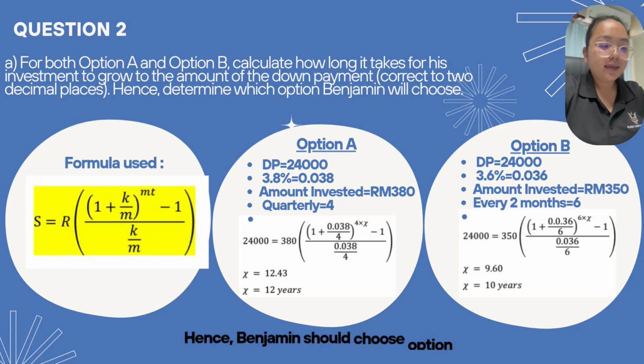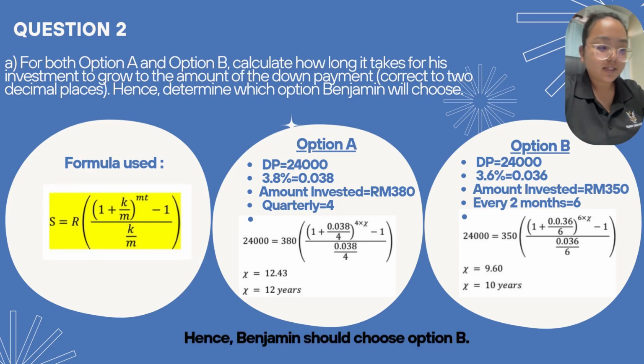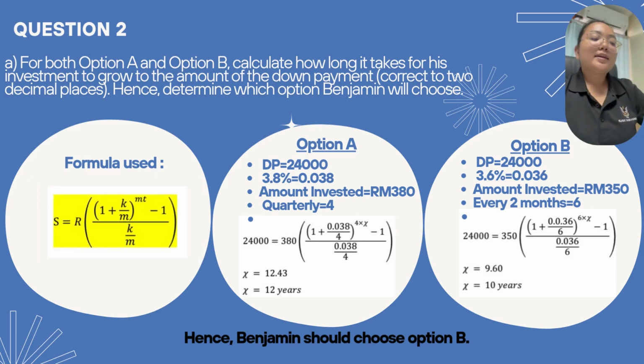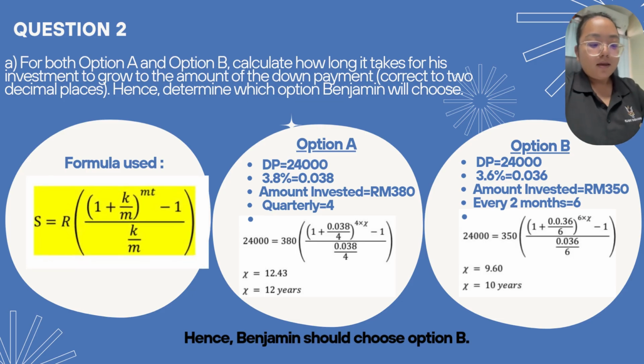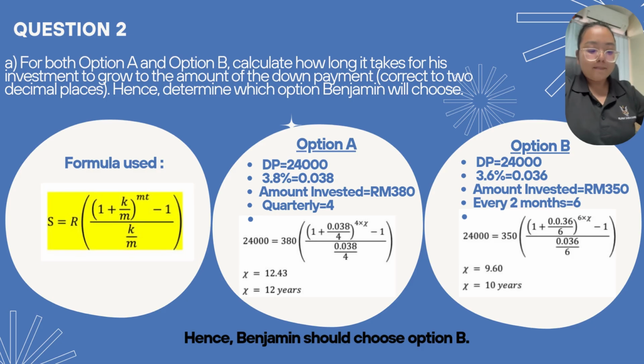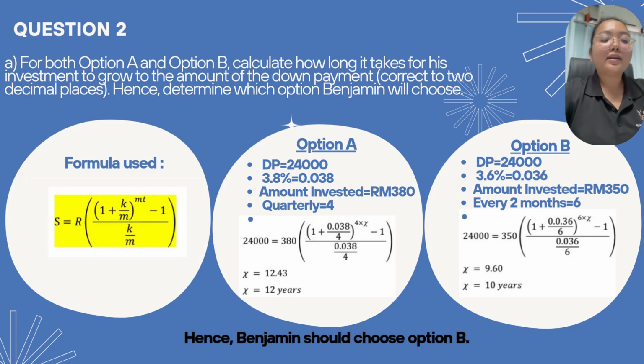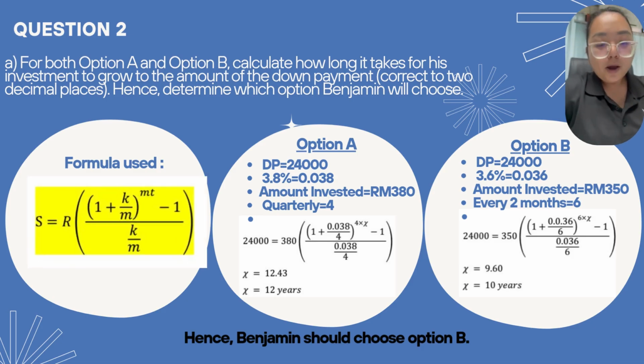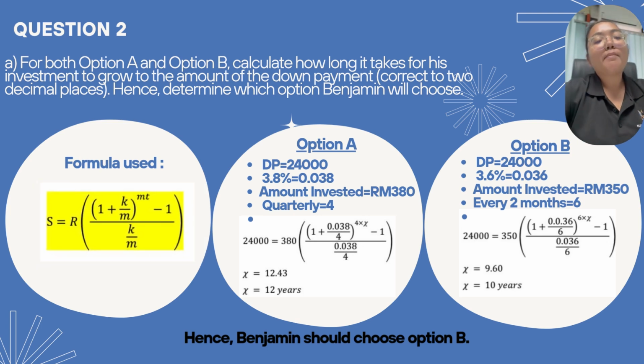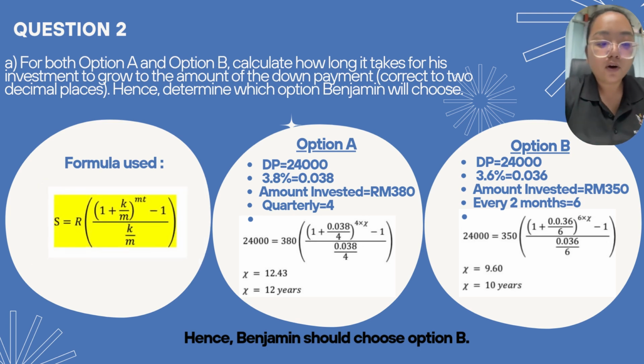For option A, S is 24,000, nominal rate K is 3.8%, periodic payment R is 380, and compounding frequency is bi-quarterly, which equals 4.